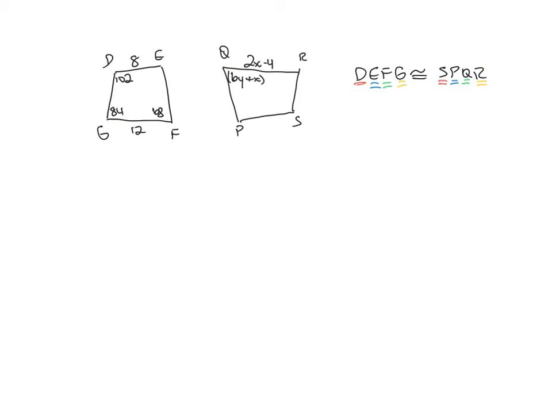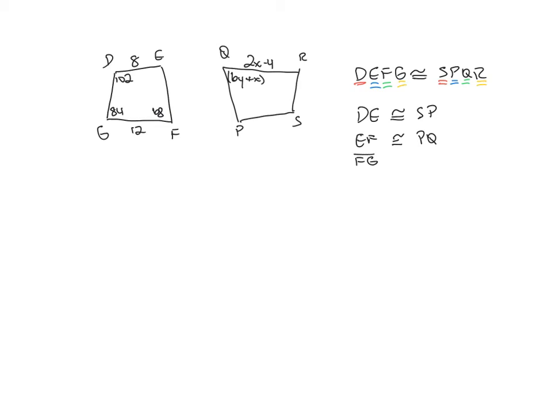So, if you're looking at sides, I'm not going to do all of them because the writing will get messy, but I'll just list them out. DE is congruent to SP because D and then E and then S and then P. EF is congruent to PQ.